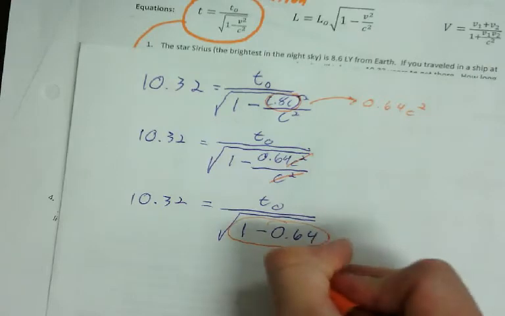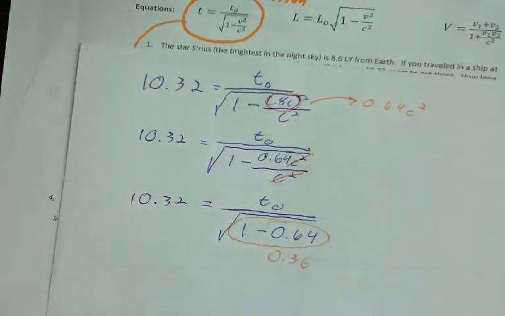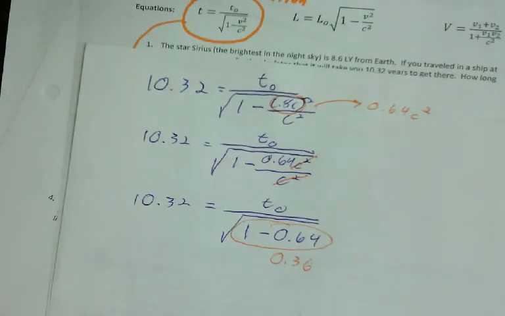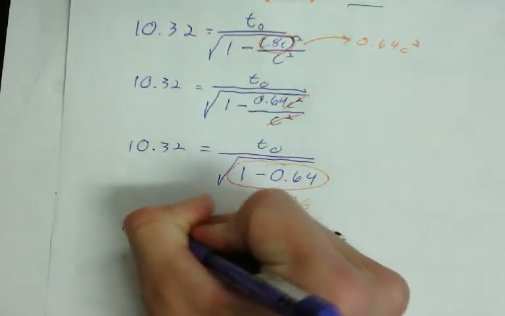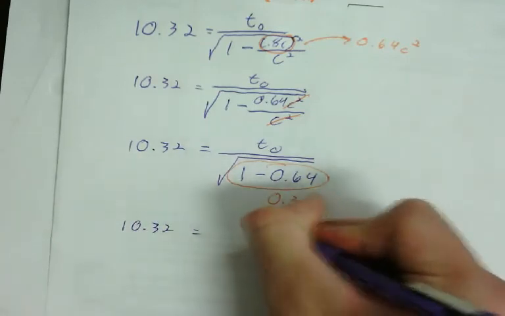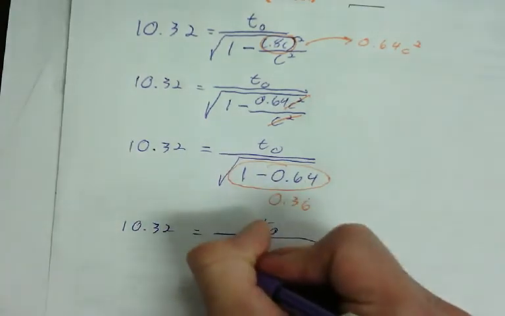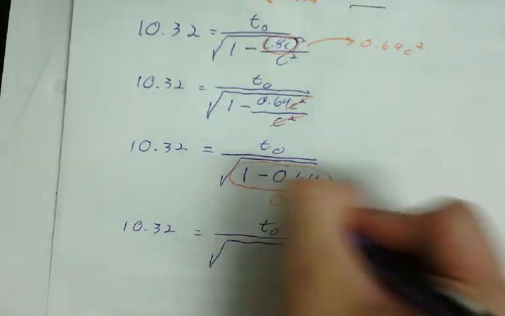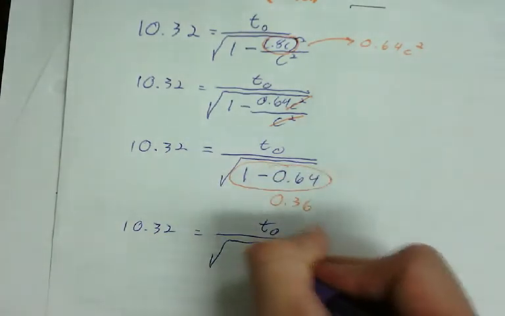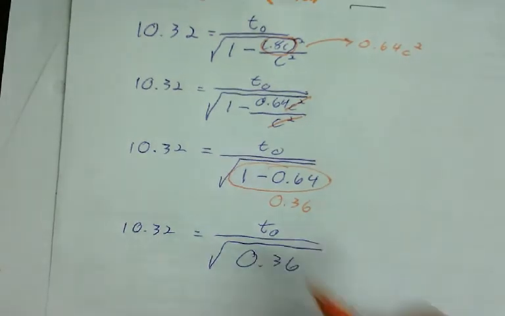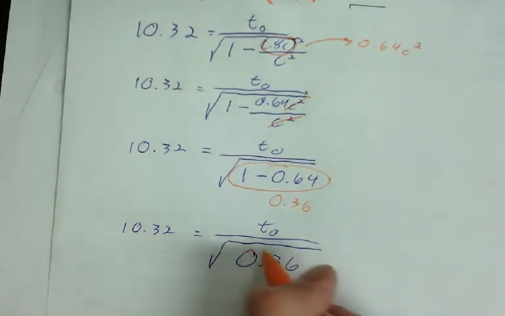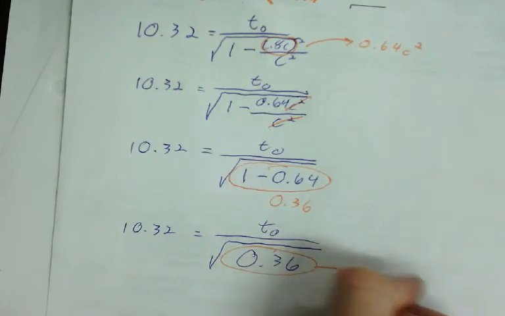That's 0.36. Okay? Just cruising right along here. 10.32 equals T naught over the square root of 1 minus, there's the 0.36. So now I need to square root 0.36. That is 0.6.